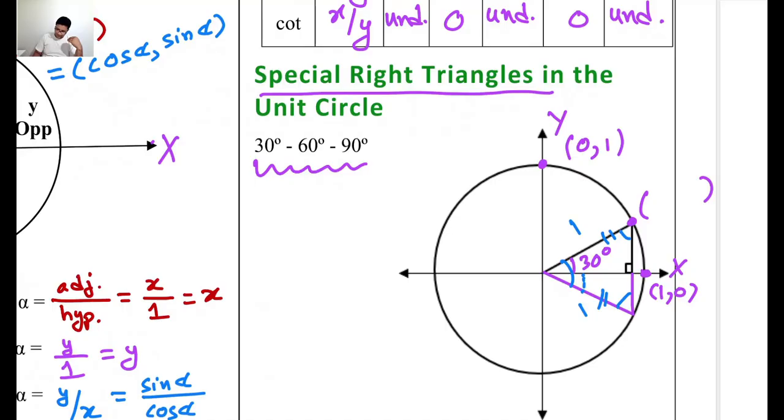Now what happens in an equilateral triangle? All sides are equal. So 1, 1, and this side here, I'm going to mark it in a different way. That length also is 1, right? This length is now 1 unit.